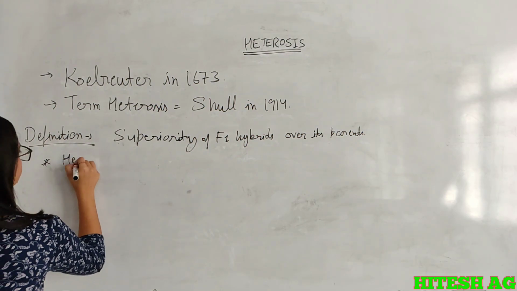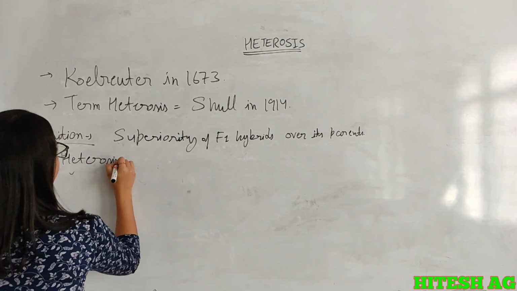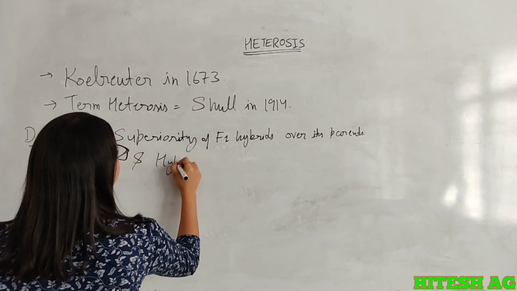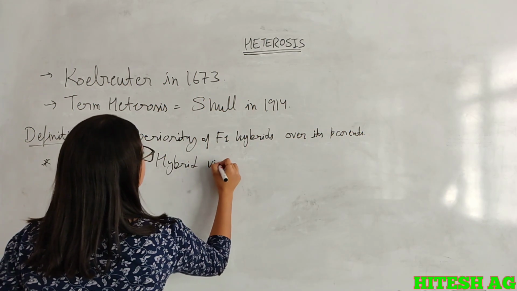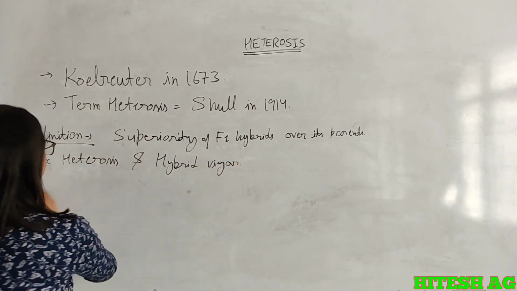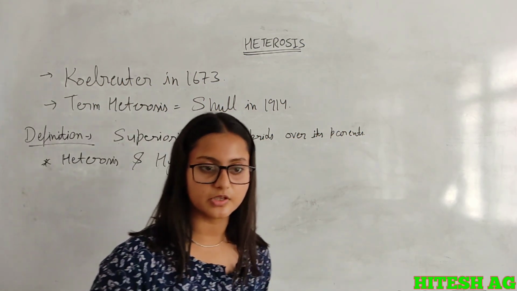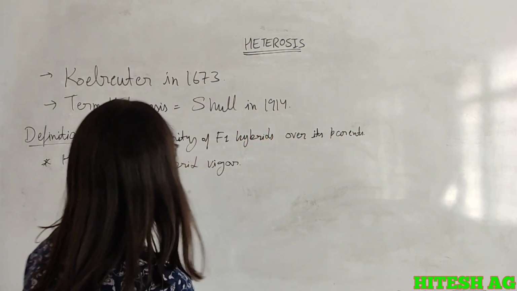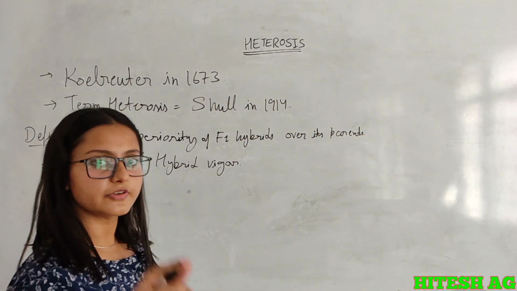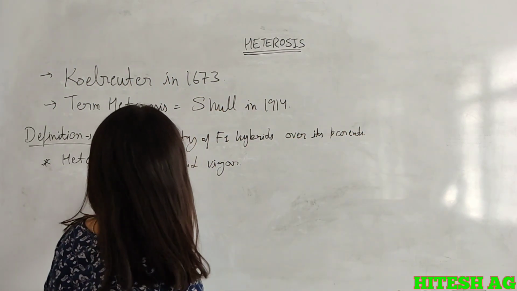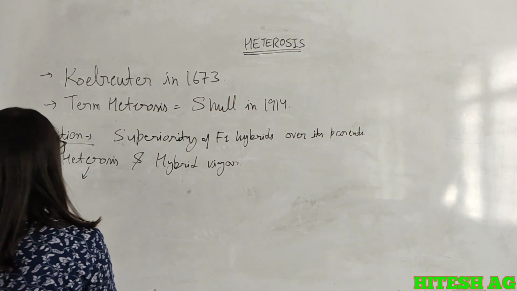First let me write heterosis and hybrid vigor. Now some authors or some books use both of these terms as synonyms, which is not wrong, but there is a minute difference between these two terms, and let me tell you.